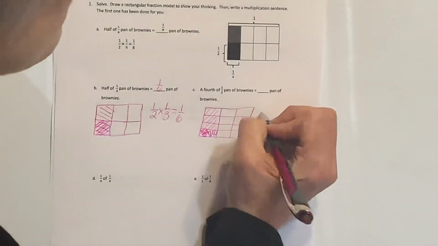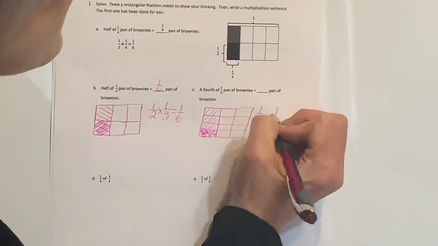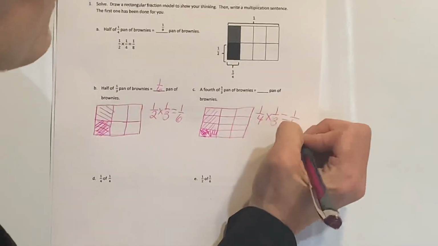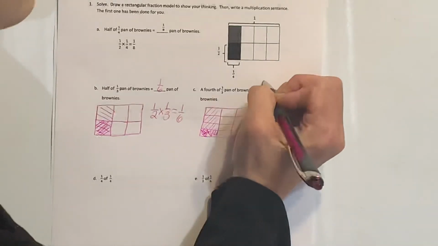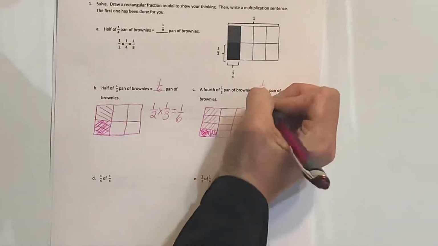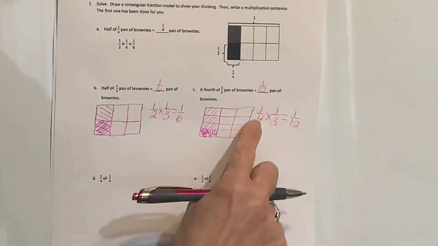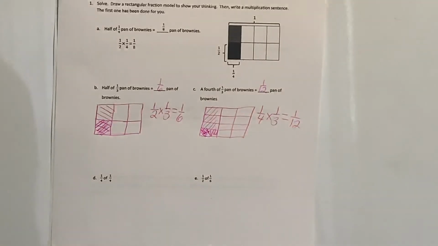So 1/4 times 1/3 shows me 1/12 of the pan of brownies. When I multiply this across, I've got 1 times 1 is 1, 4 times 3 is 12. Remember, these are just our visual representations of what they're asking.